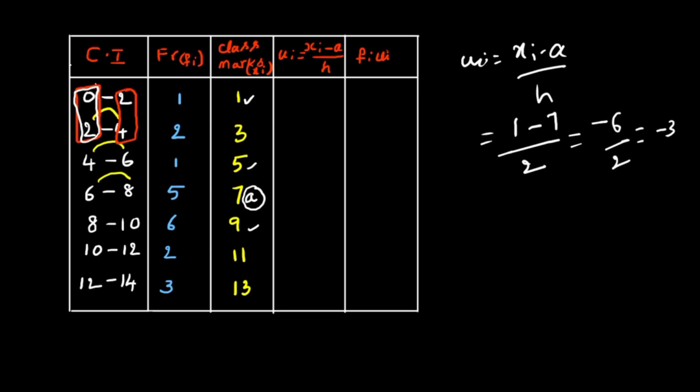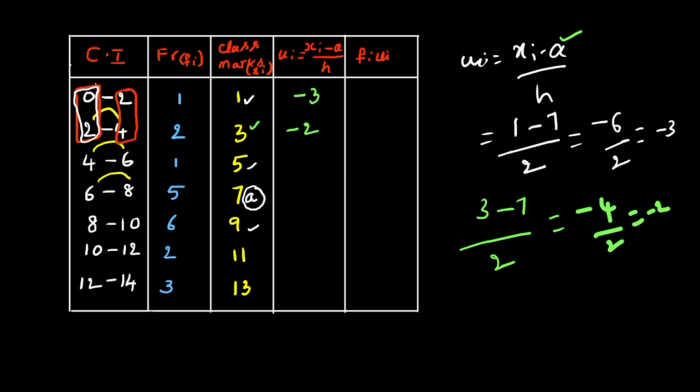I write minus 3 here. Next, the class mark xi is 3. So 3 minus 7 gives minus 4, by 2, equals minus 2. So again it is minus 2.